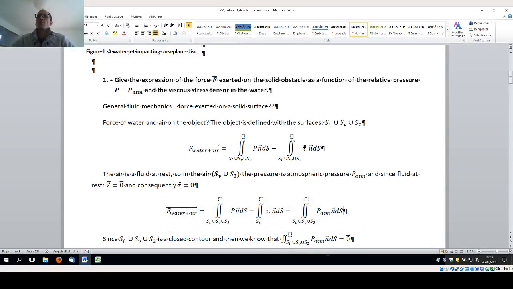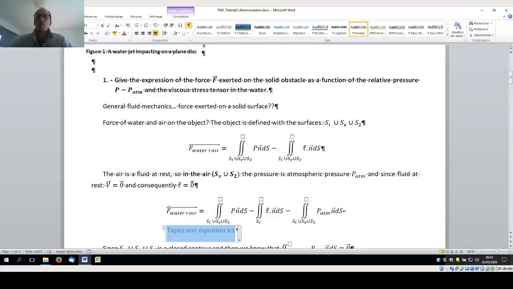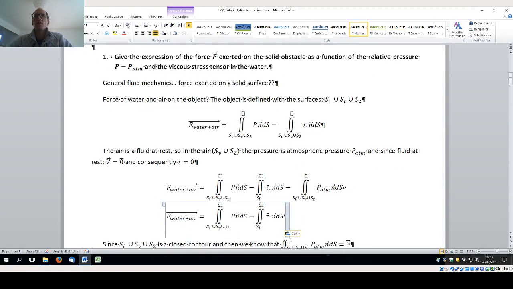So this allows us to write that the force actually takes a simple form. It's just the integral over SI of P minus P atmospheric along the normal dS.